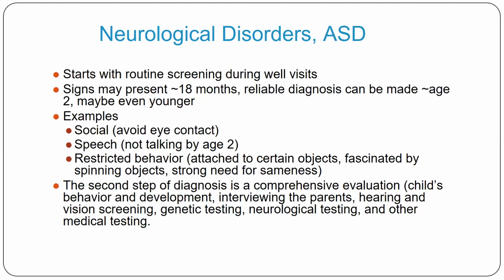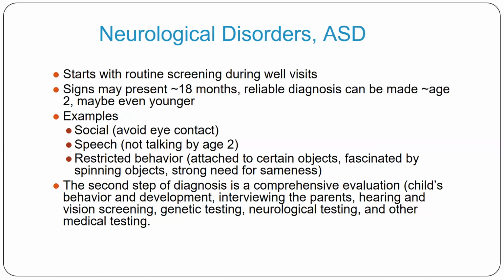Some examples of things that they would be looking for when they're screening are things related to social interaction. An 18-month-old isn't talking enough to know if they have social issues, but they might avoid eye contact.